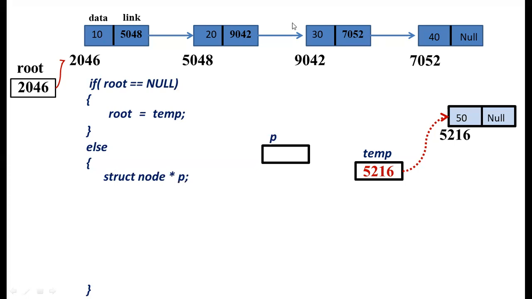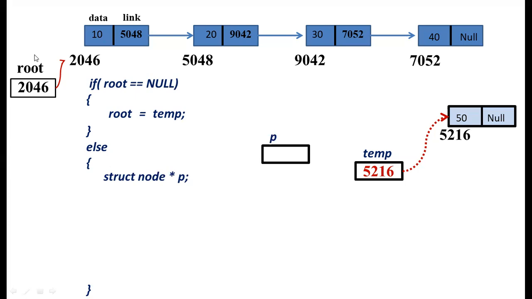Understood? We call this a temporary variable because whenever the function execution terminates, it gets deleted. So here, since p is a temporary variable, it will get deleted once the function execution terminates.